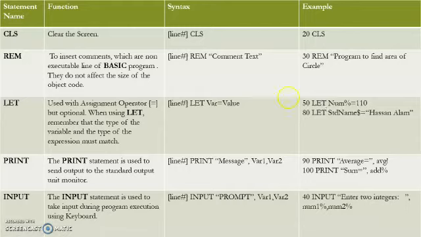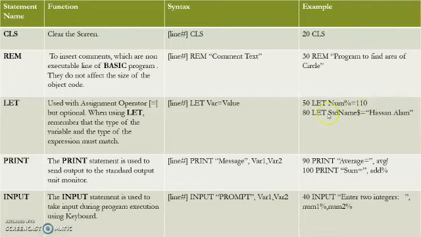The example has line number 50, then the LET statement, then here comes num with the percentage sign, which shows that it is an integer variable, and it is assigned an integer value of 110. Here you can see that on the right hand side of the assignment operator is 110, which is assigned to the integer variable num.